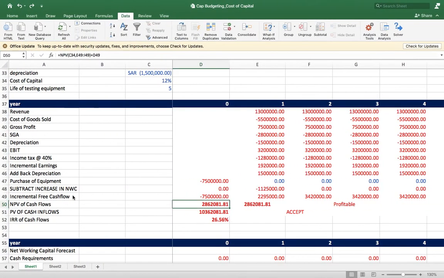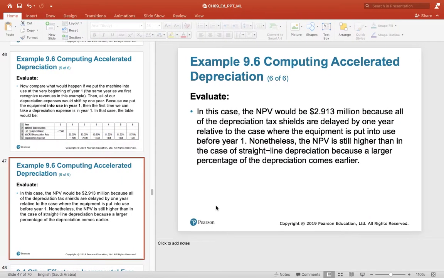Previously, how much with straight line method? NPV was 2.86 million. But if you charge MACRS, then NPV would be 2.913 million, because the depreciation tax savings are delayed by 1 year relative to the case where equipment is put in use before year 1.